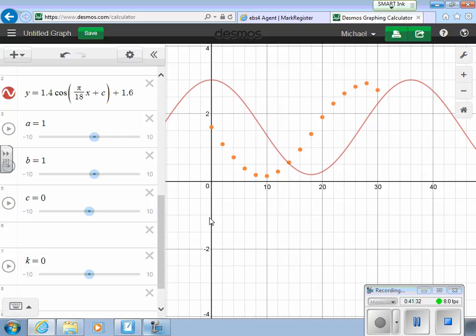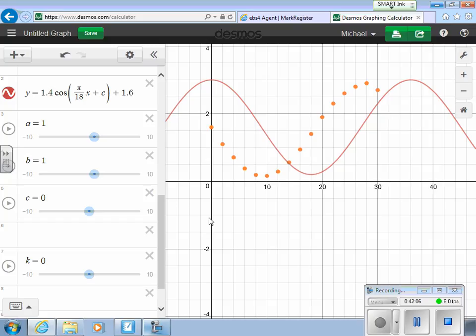We could put a minus in and shift it the other way, but we'd have to put one bigger than 180 degrees in to do that. There's no real point in doing that. So you always try and go the right way, and end up with a phase angle less than 90 degrees where possible, or certainly less than 180 degrees or pi radians. Yeah?